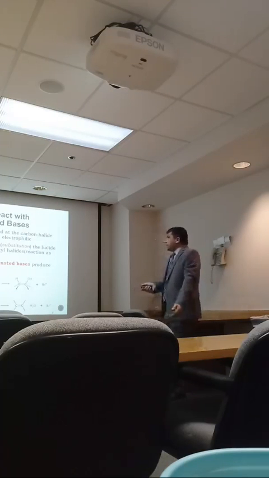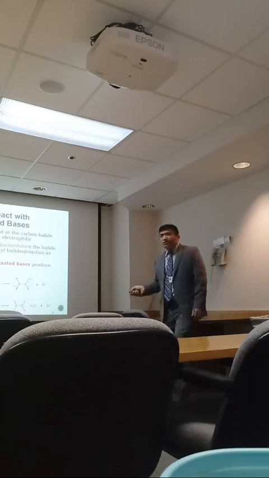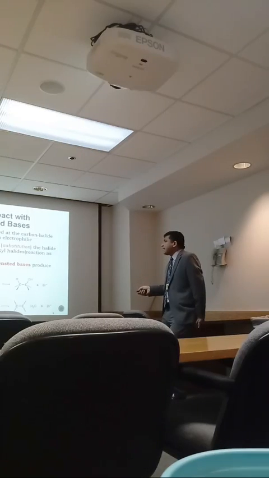Now, there is this next question: when would substitution happen and when would elimination happen? This is answered by the type of base that the molecule, this alkyl halide, is facing. There is the Lewis base, and then the Bronsted base, right? When alkyl halides face a Lewis base, they do a substitution reaction.